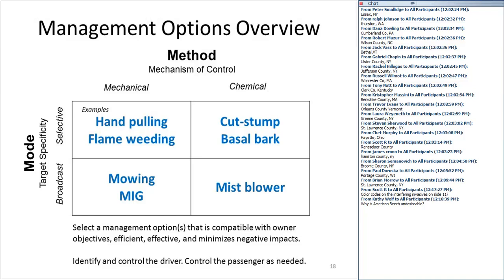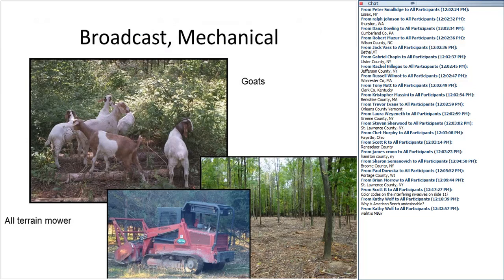So let's look. I've given you some examples here. MIG is management intensive grazing, which is like rotational grazing. So let's look at examples. Broadcast mechanical. Goats, if put in a high enough density, can achieve management intensive grazing or rotational grazing.